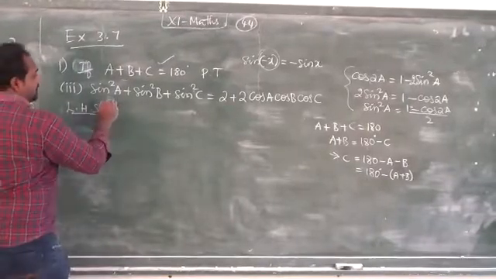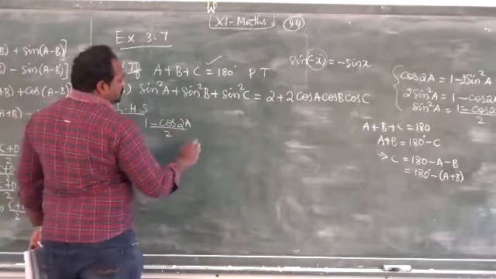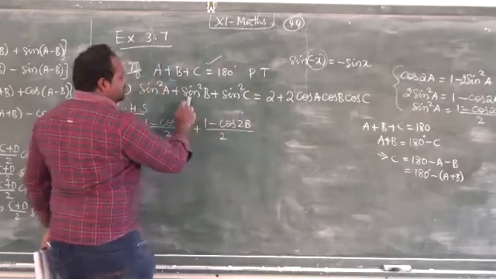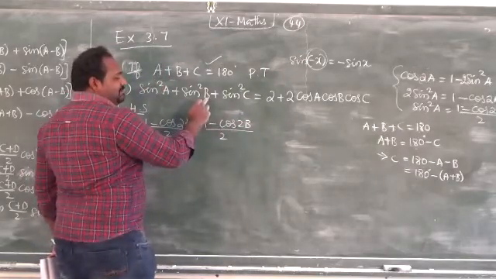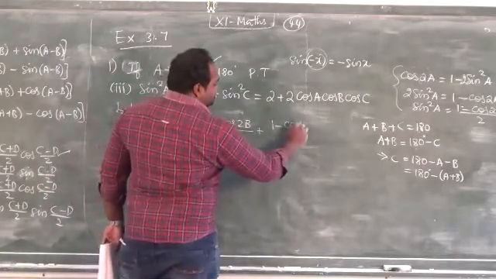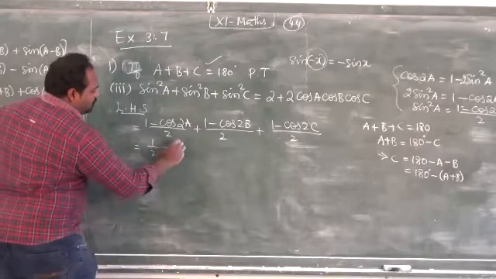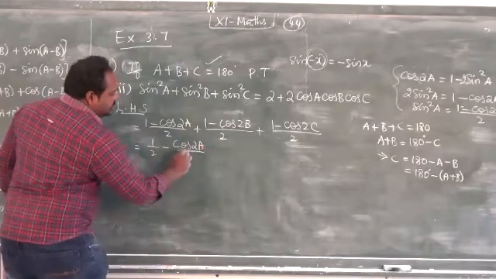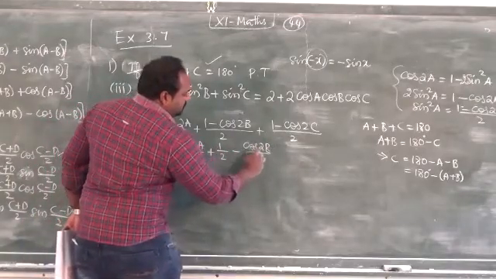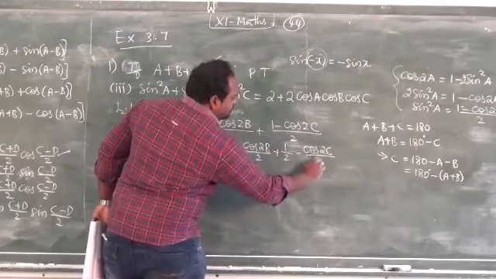Okay, now instead of sin square a I can write 1 minus cos 2a by 2 plus 1 minus cos 2b by 2. Here instead of sin square b, where a was there, b is there. So wherever a is coming, we have to substitute b. Here 1 minus cos 2c by 2. Splitting the denominator, 1 by 2 minus cos 2a by 2, 1 by 2 minus cos 2b by 2, 1 by 2 minus cos 2c by 2.